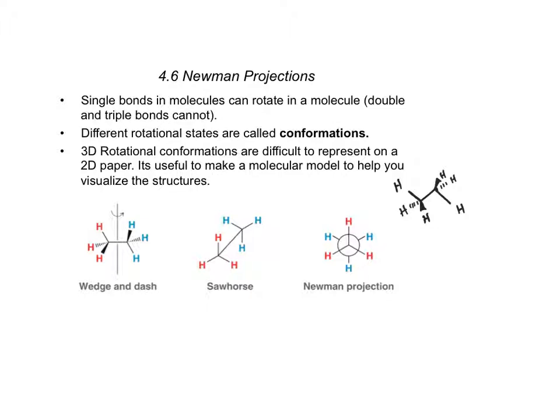We have to use the wedges and the dashes. So just as a reminder, what does a wedge imply? It's coming out towards you, right? And what does a dash imply? Going back into the board, or sheet, or whatever you're drawing on.